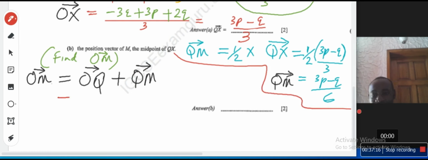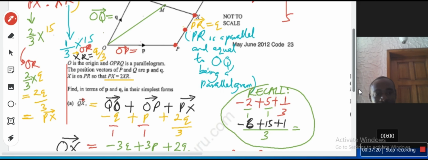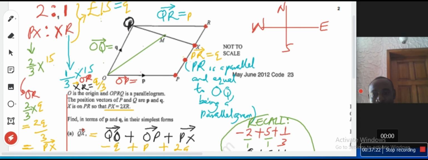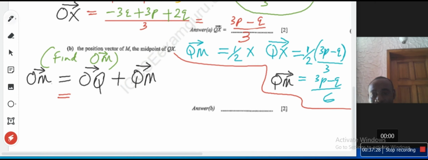So let's just add. What is O to Q? That's small letter q now, is it not? So that's q, small letter q, plus what is Q to M? We have it here: (3p minus q) over 6.